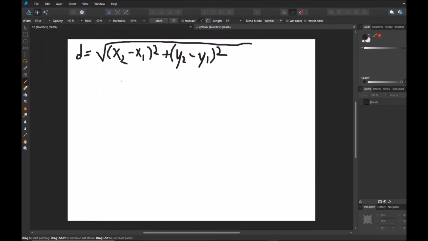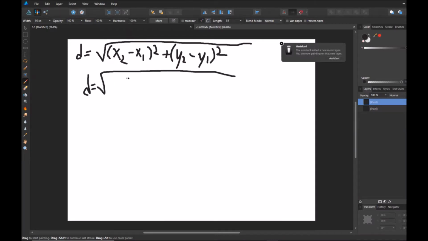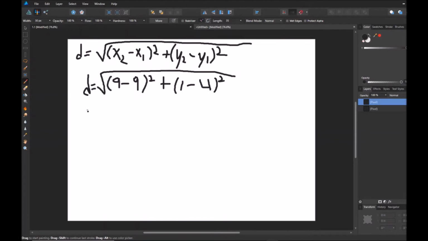So d equals the square root of x2, which is 9, minus x1, which is also 9, all of that squared, plus y2, which is 1, minus y1, which is 4, squared.